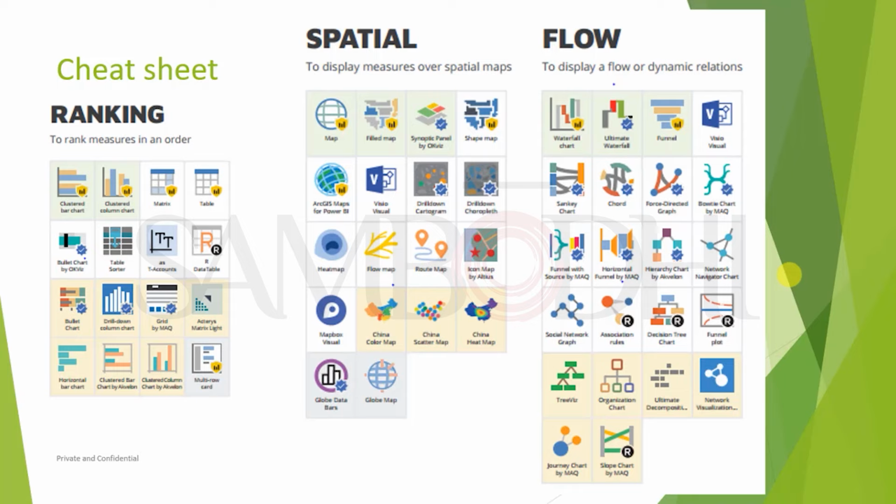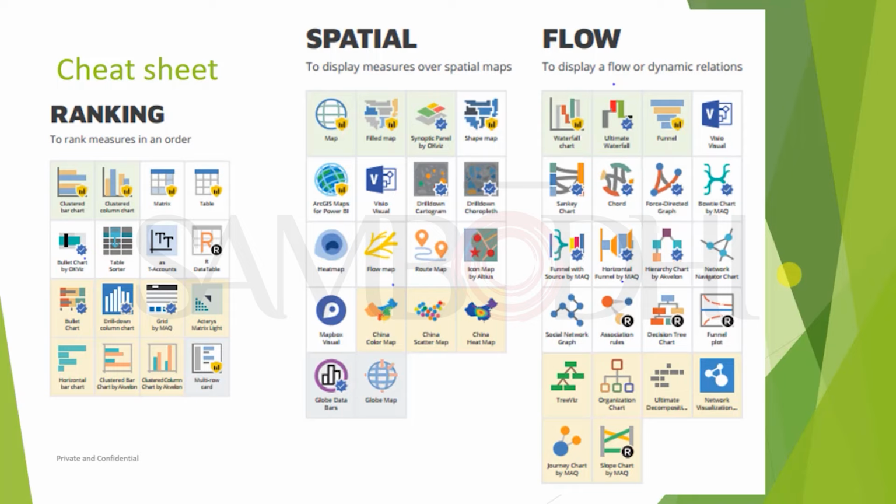It's good to know the categorization of these charts. Also, know every chart at a cursory level, so that you can always come back to this slide and identify which chart is applicable in my current scheme of things.